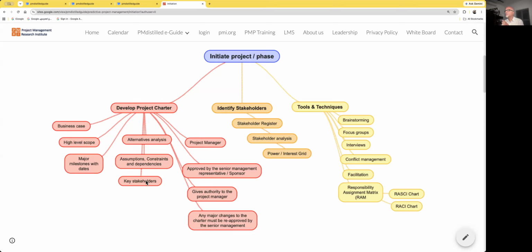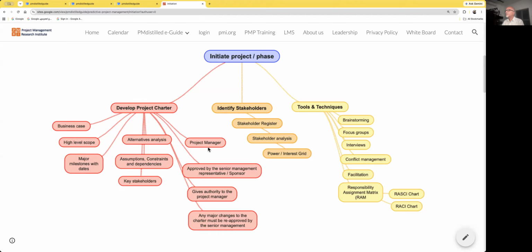So all those people, especially the high power, high interest groups, and the high power, low interest groups, will get into the project charter. And it's a great opportunity to get the roles and responsibilities defined.